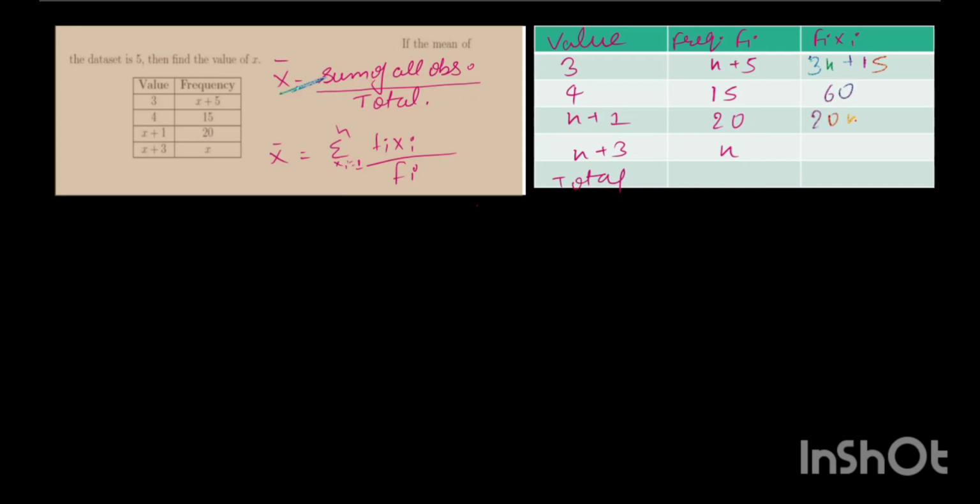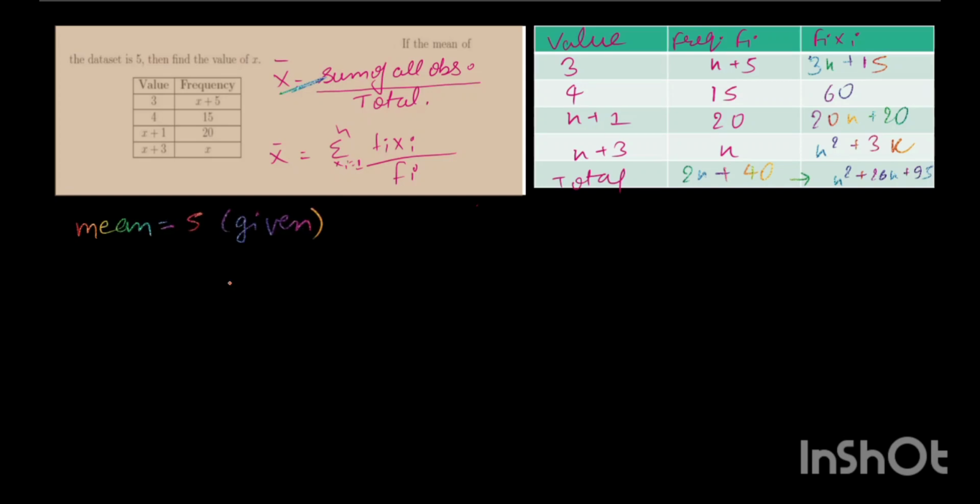Since it's grouped data, discrete grouped data, we will be using the mean formula for discrete grouped data, which is summation fi(xi) upon summation fi. So summation fi(xi) will be x square plus 26x plus 95, and summation fi will be 2x plus 40. We have mean equal to 5, which is given.